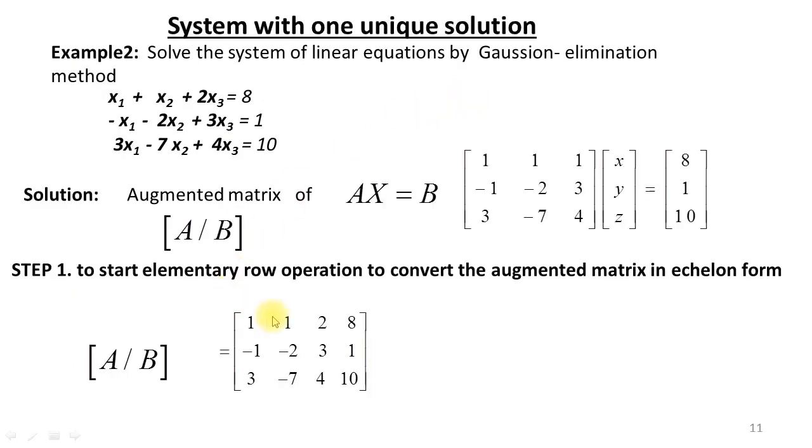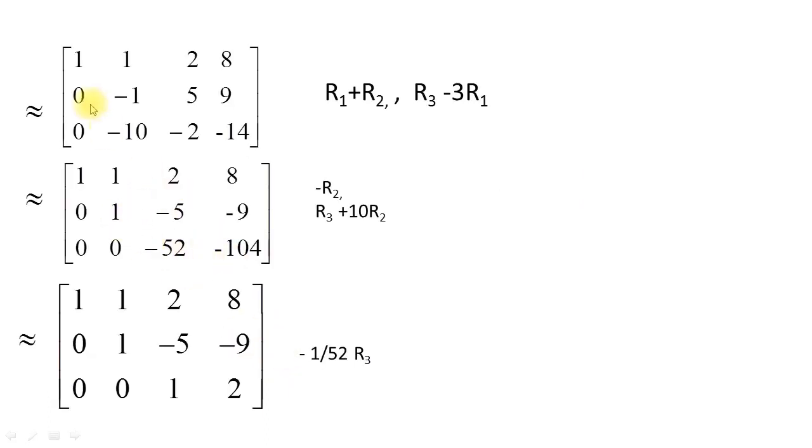This is the augmented matrix. So multiply the first row by 3 and then subtract the result from R3, and add the first row to the second row. We obtain this new, similar matrix: 1 1 2 8, 0 minus 1 5 9, and 0 minus 10 minus 2 minus 14.